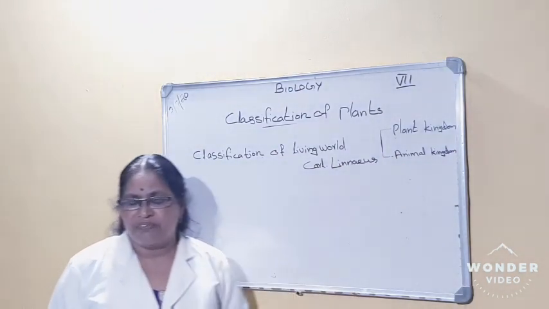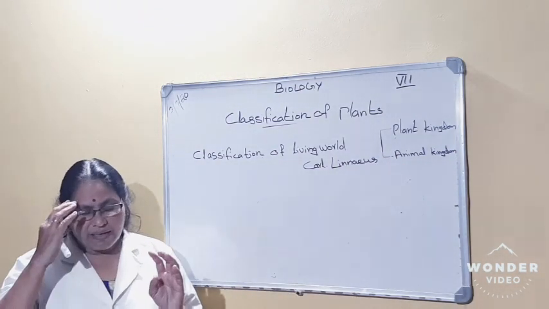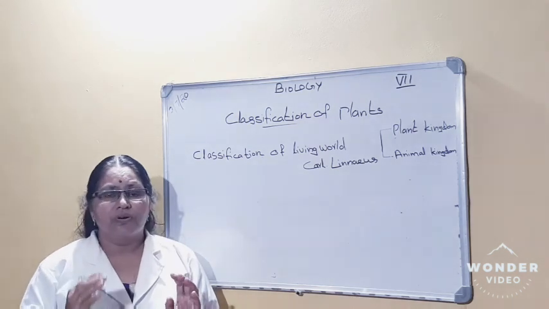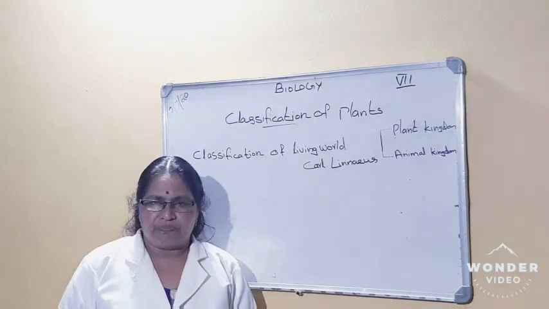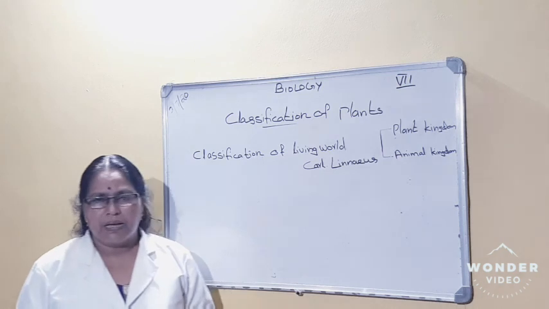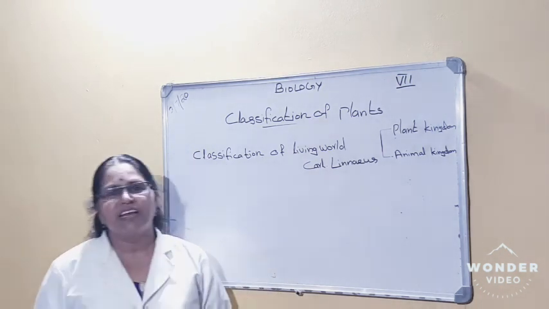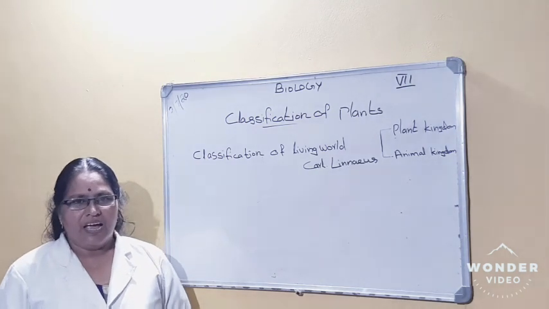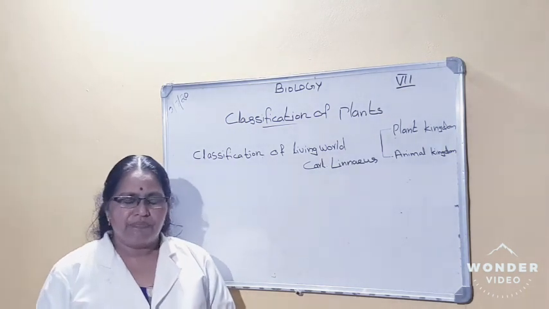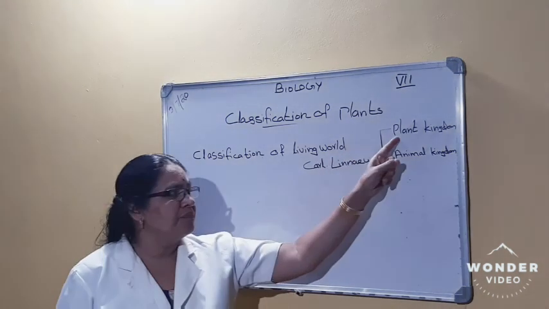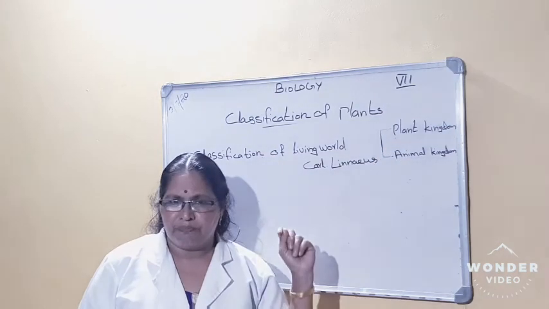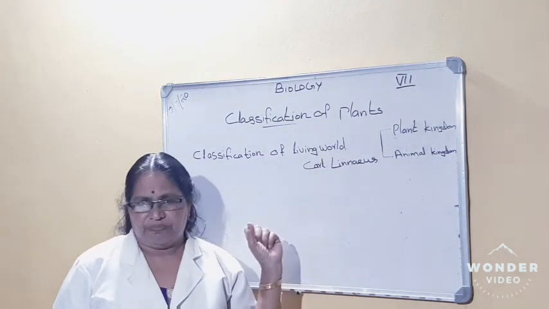But this classification had a lot of drawbacks. For example, bacteria. You know, bacteria is a unicellular organism. Actually, bacteria is included in the kingdom Plantae, or plants.